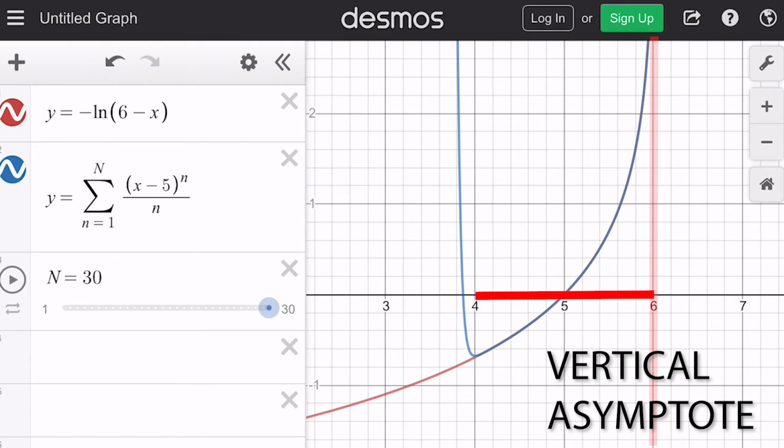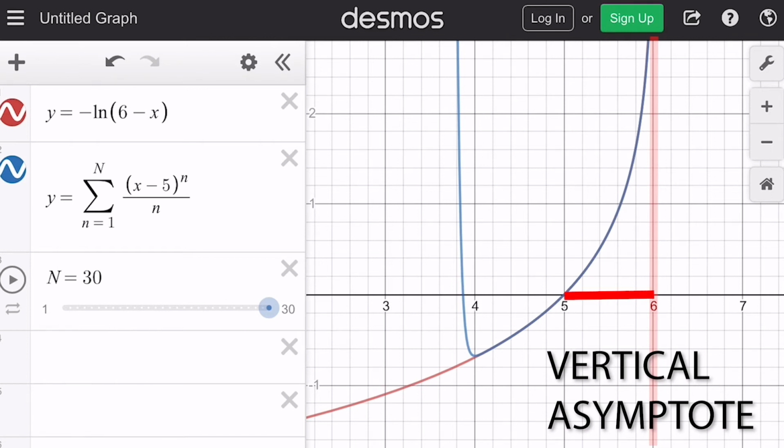So our interval of convergence extends outward from 5, in both directions, until we get to this bad point 6, and then it stops, and it stops in both directions. So it's always symmetric about the center. And understanding the locations of the singularities of a function will allow you to predict the interval of convergence.